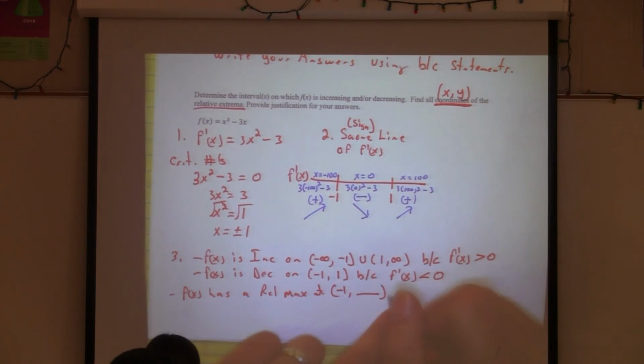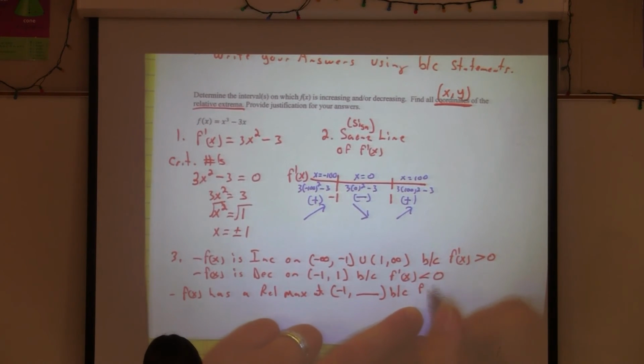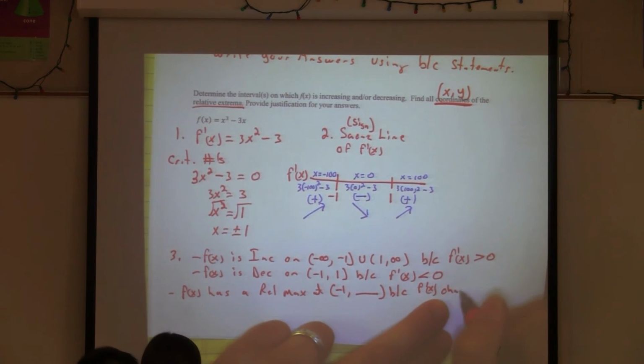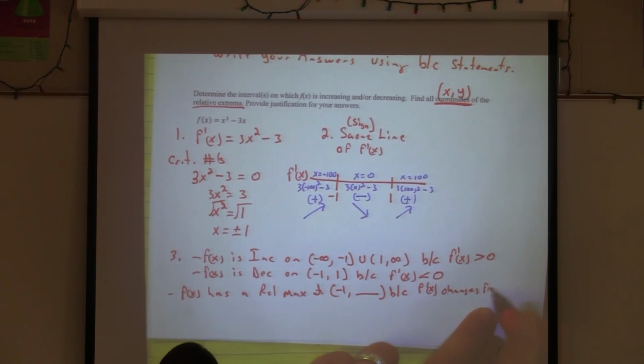So why is this? What's the because for this answer? The derivative is equal to 0? That's not the only reason. The derivative changes from what? From positive to negative.